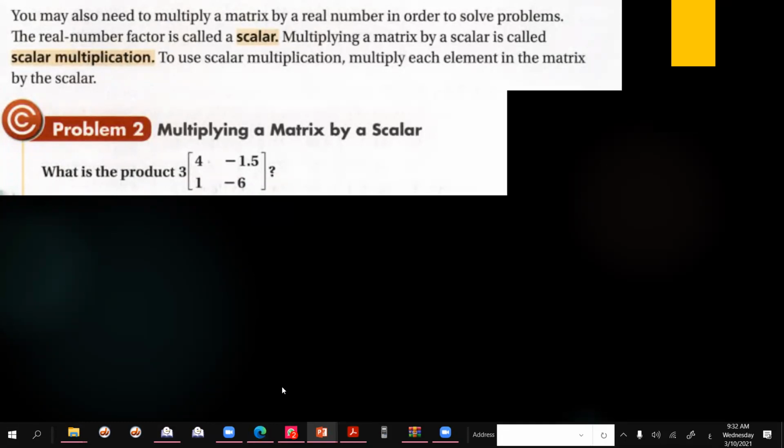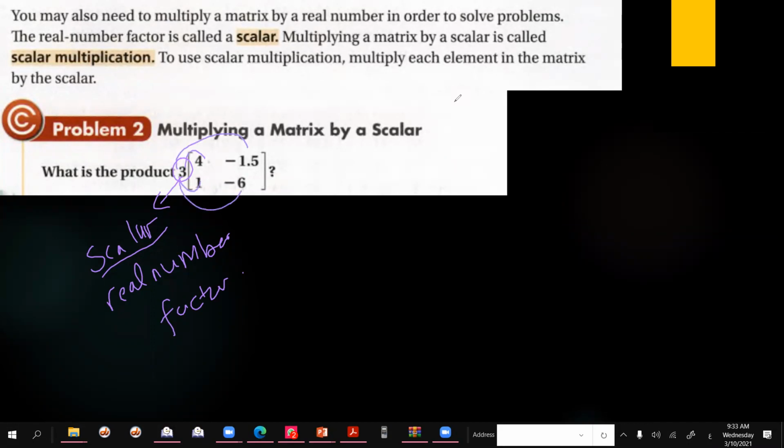So this number here, we call it a scalar, which is a real number factor. When I multiply each element by 3, like the distributive property, I call this scalar multiplication.